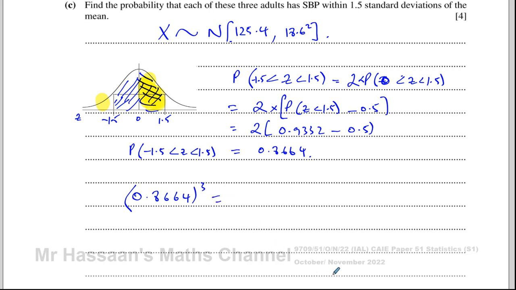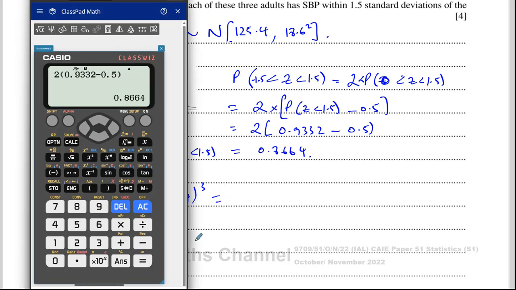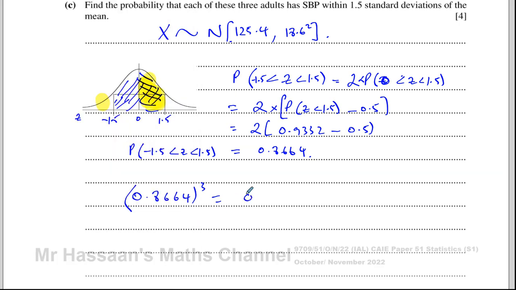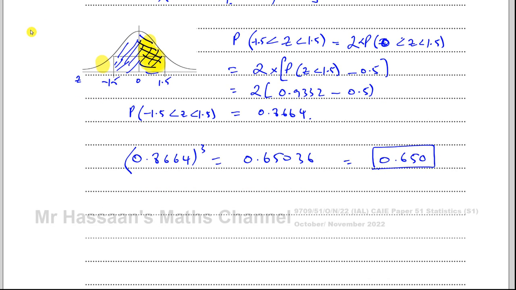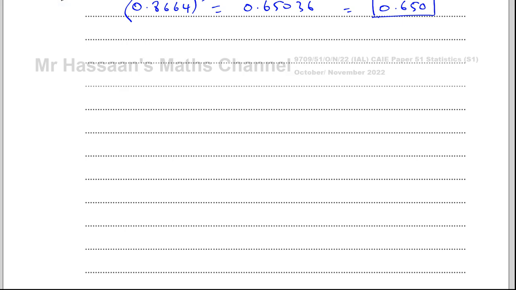We take our calculator and raise this to the power of 3, and that gives us 0.65036, which to 3 significant figures is 0.650, and there's the answer to question part C.